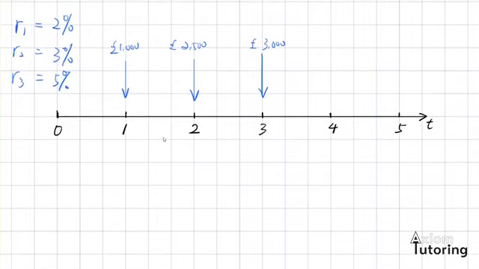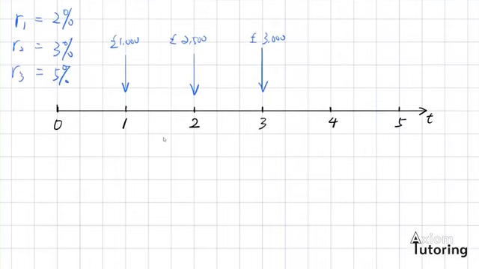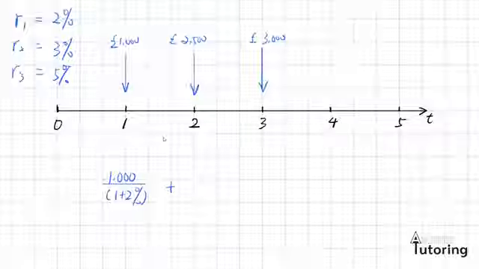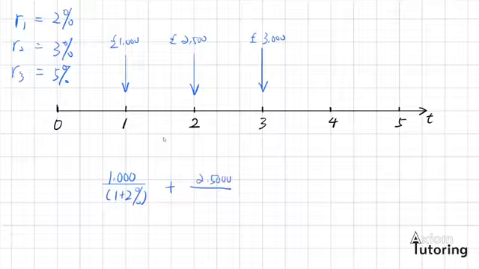We simply sum up the present value of each individual cash flow, but with the appropriate discount rate. For the first cash flow, you have 1,000, and the appropriate discount rate for 1 year is 2%, so divided by 1 plus 2%. For the second year, I have 2,500, divided by 1 plus 3% to the power of 2.